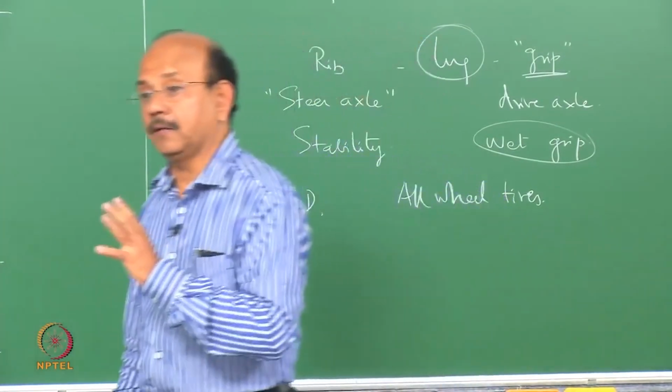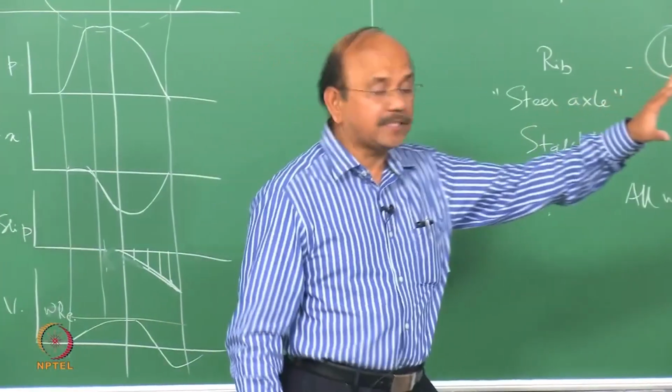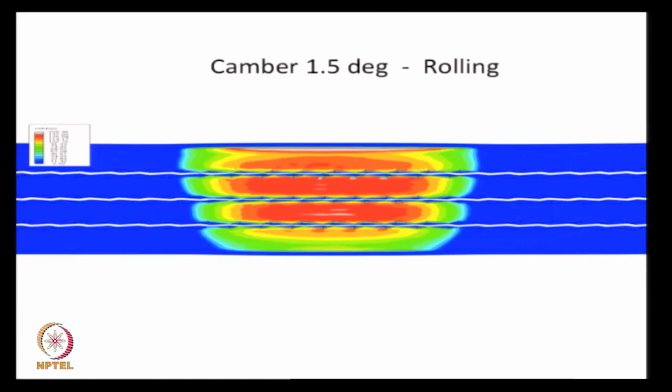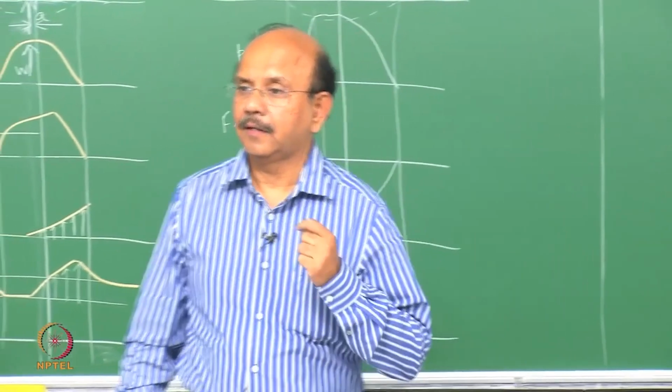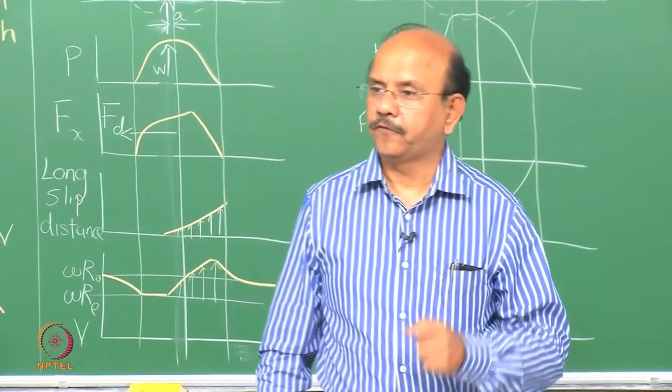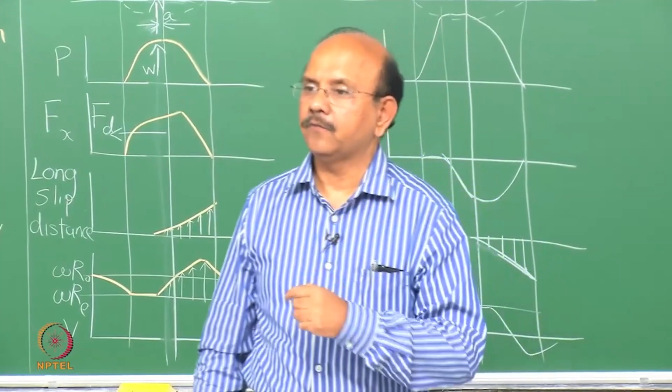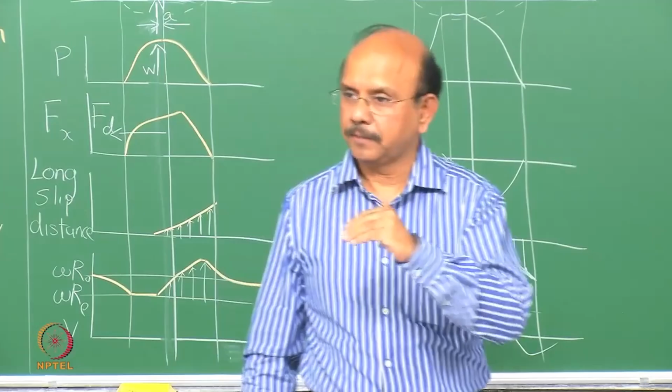So this camber actually affects the pressure distribution. Remember last time it was such a nice symmetrical pressure distribution that you had, and the distribution is completely affected when you have a camber, and when you have a toe, then again there are differences, and the wear is not uniform in these ribs.